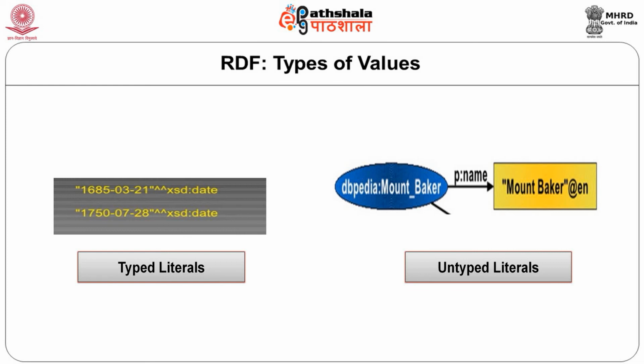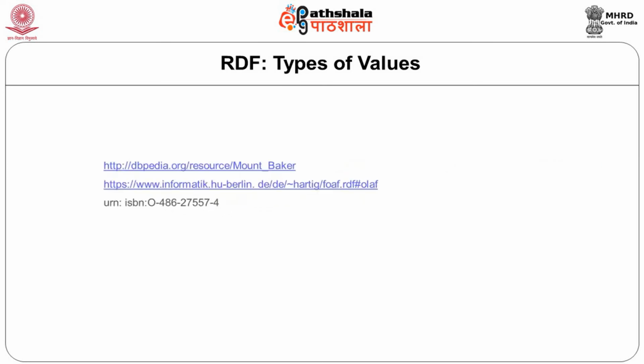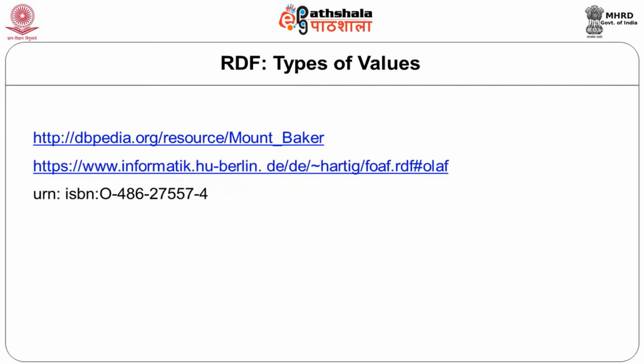So that's why we can have two types of values: either literals, which means it is not a further resource so you don't really need any URI for it, or a value having a URI reference so that it can be further described again.